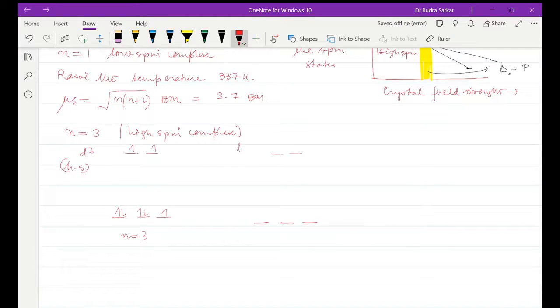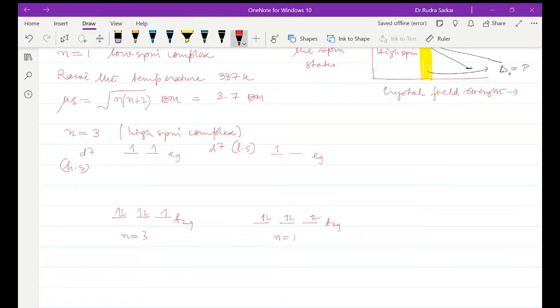For a low spin D7 system, you have 1, 2, 3, 4, 5, 6. So here n is equal to 1. This is your t2g6 eg1. That is also your t2g5 eg2.